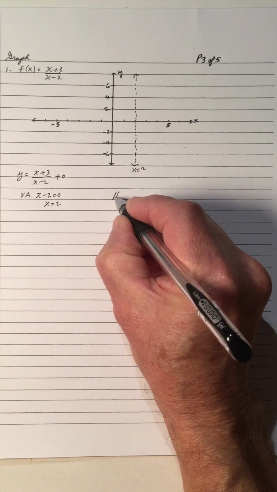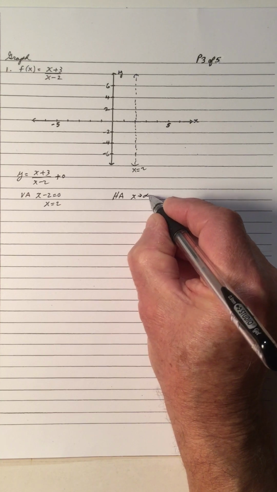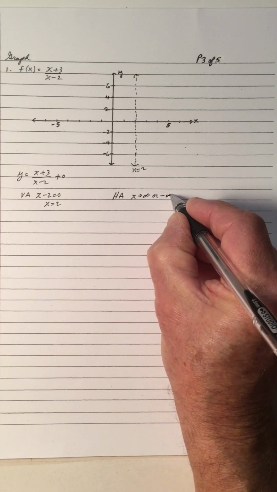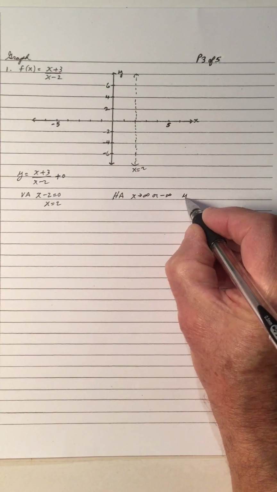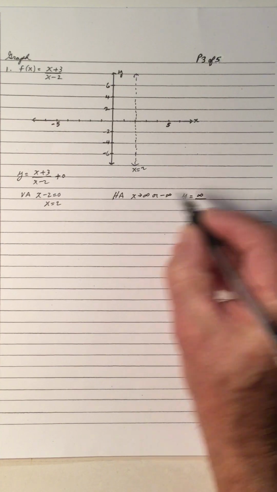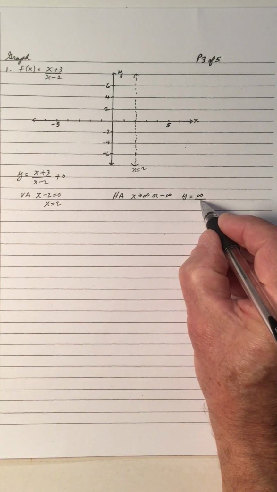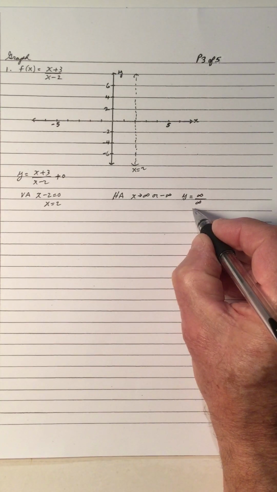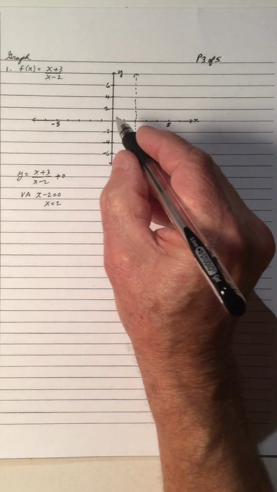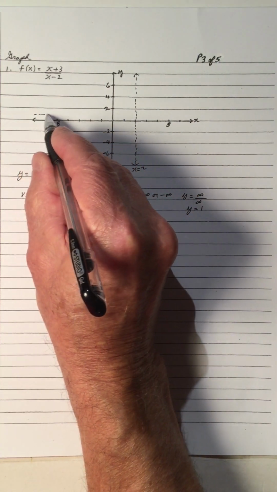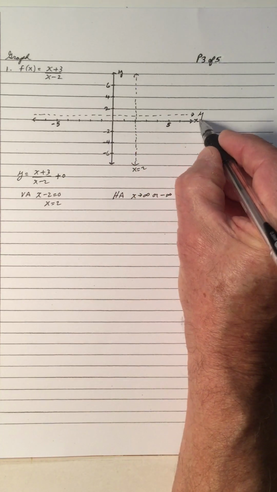Also, let's look at the horizontal asymptote, as x approaches infinity or as x approaches negative infinity. If x goes to infinity here and x goes to infinity here, that means the horizontal asymptote is y equals 1.